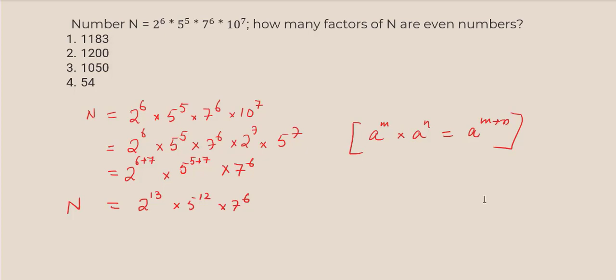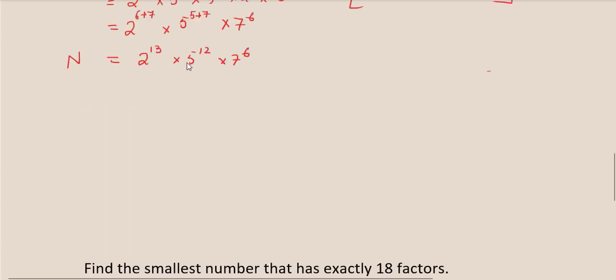Okay, so the question has asked how many factors of n are even. What is important is that the number must be a multiple of 2 if we want to find all possible even factors of n.